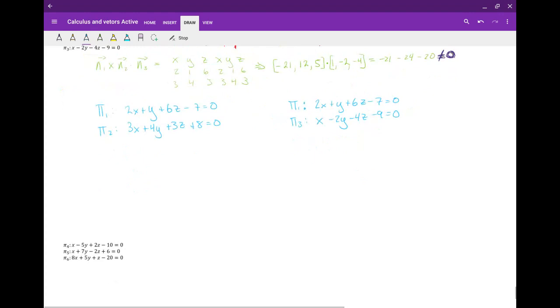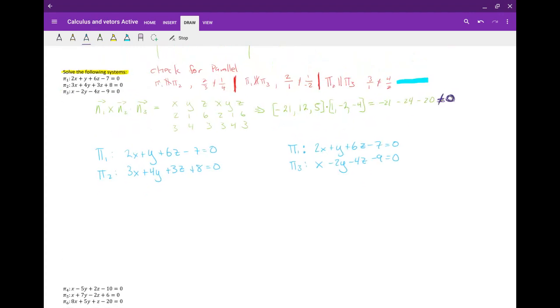All right? And now what you want to do is decide to eliminate one of the variables. And you're going to eliminate the same variable in both equations. It looks to me like y is going to be an easy elimination here.